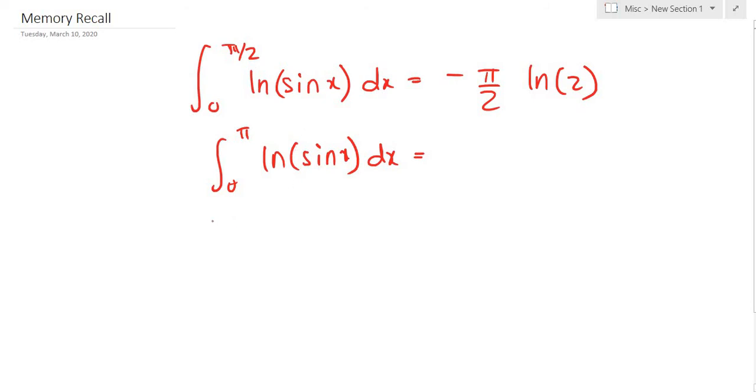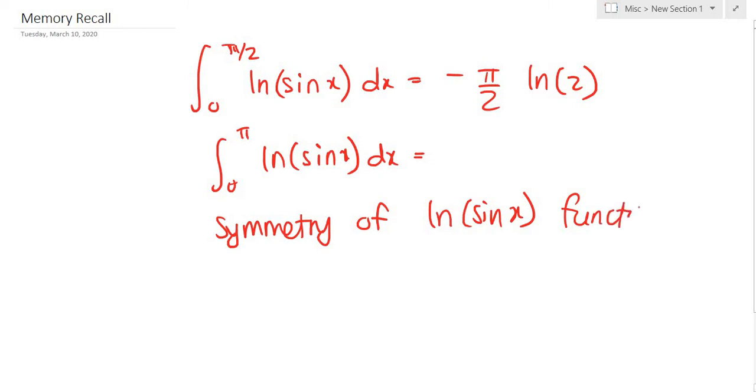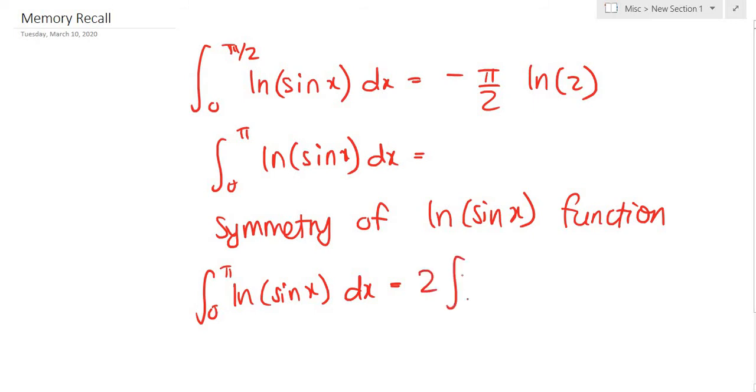Now, because of the symmetry of the natural log of sine of x function, the integral from 0 to pi of the natural log of sine of x dx is just twice the integral from 0 to pi over 2 of the natural log of sine of x dx. And we know the value of this, right? 2 times this thing, so we just have negative pi times the natural log of 2.